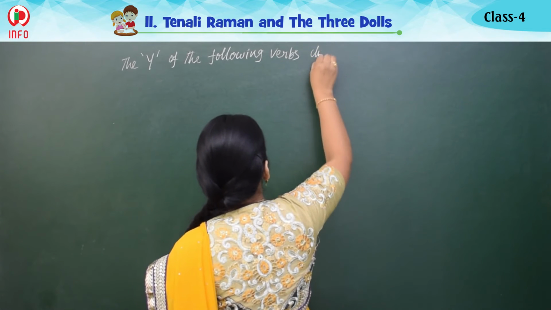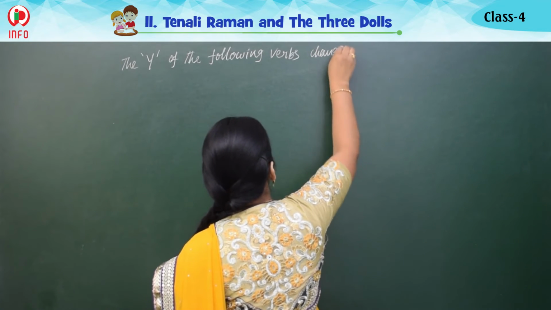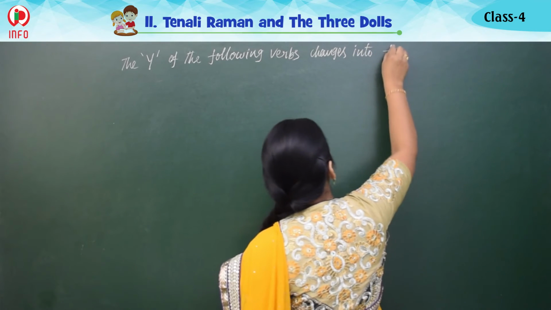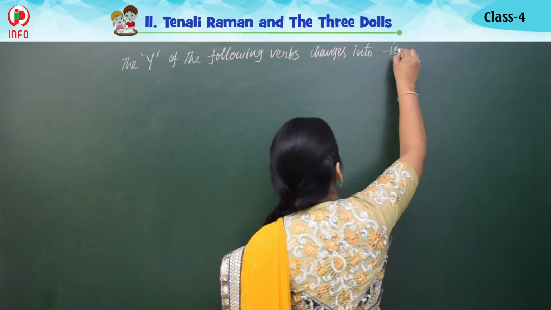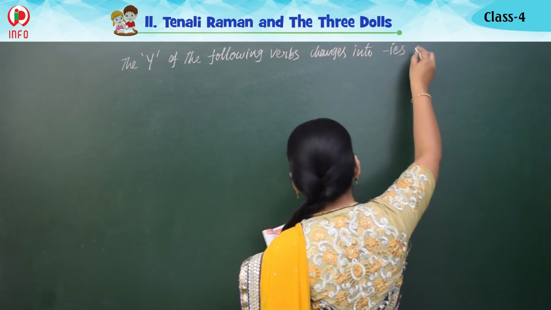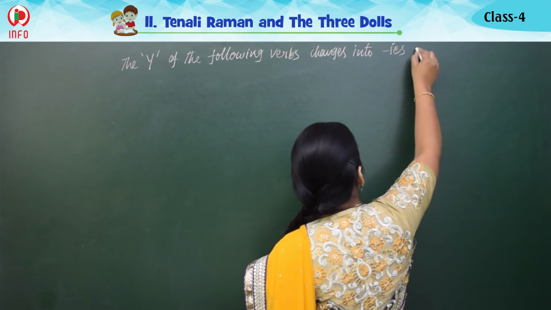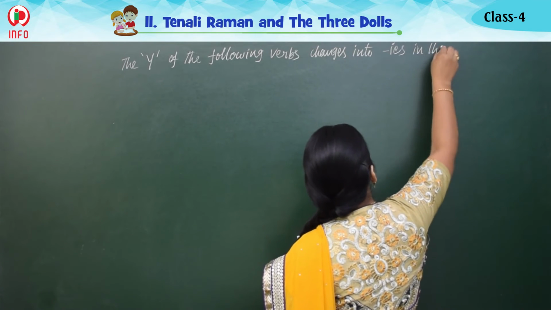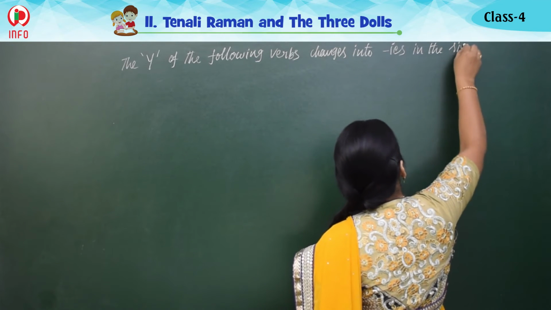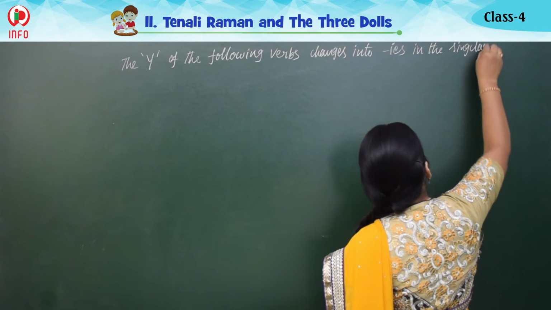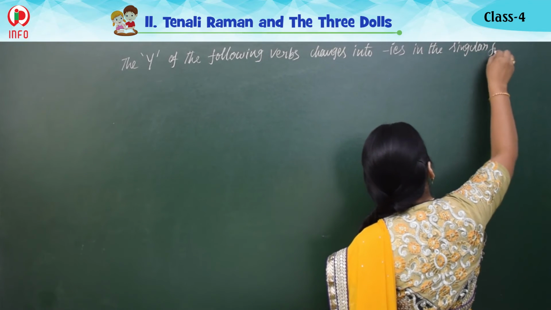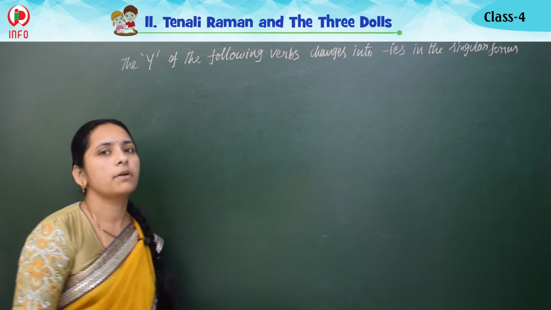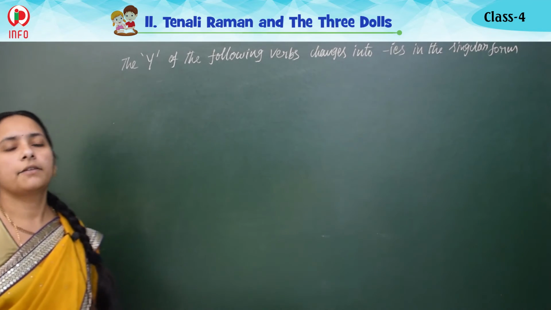So if we get some of the verbs, not always. So ies, that we should add to get the singular form of the verb. Singular form we call it, singular form of the verb. That means for the singular subjects we are writing this verb, no? That's why we call it the singular form of the verb.